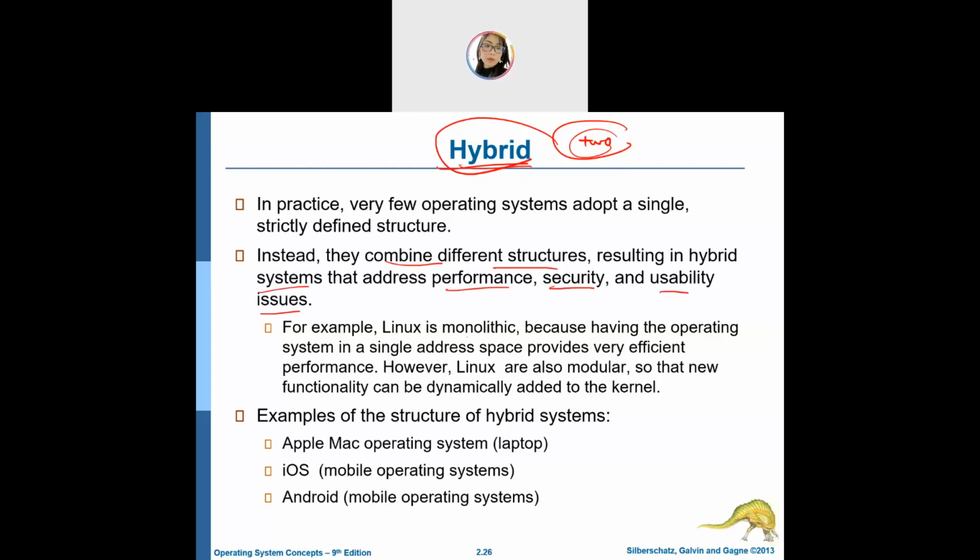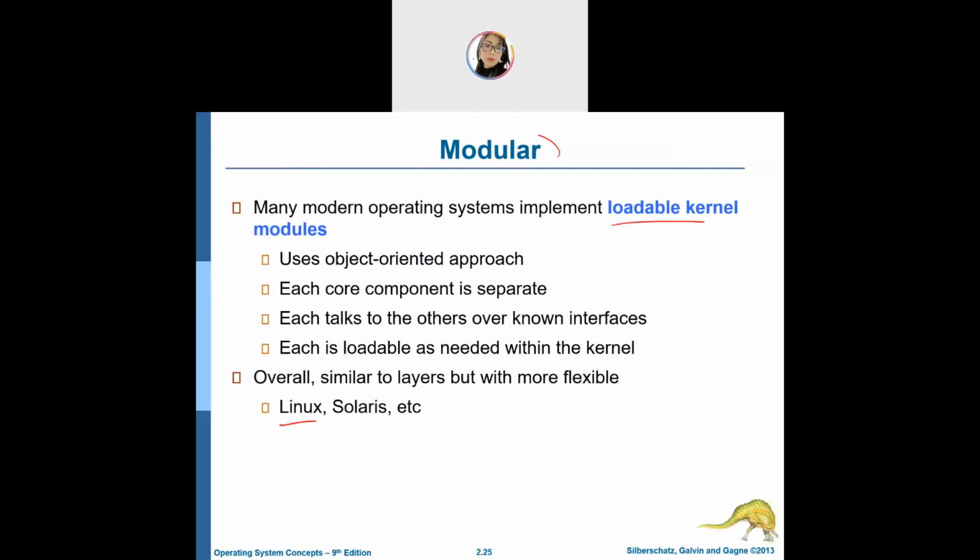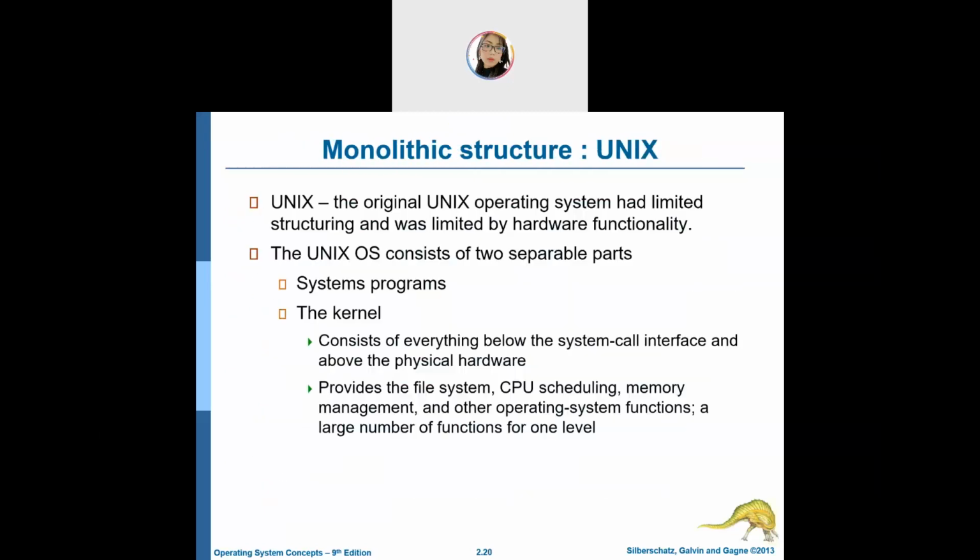An example is Linux, which is monolithic because it has the operating system in a single address space, providing very high performance. Although it is quite efficient in performance, Linux is also modular. It can be monolithic, and it can also be modular, a combination of modular and monolithic.